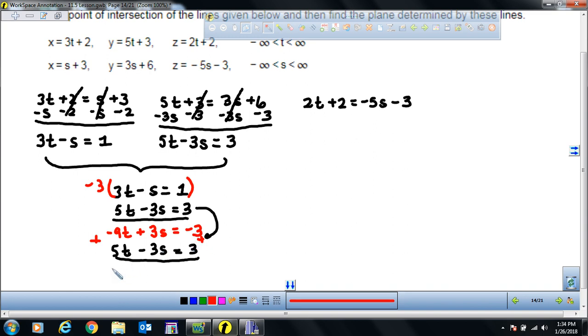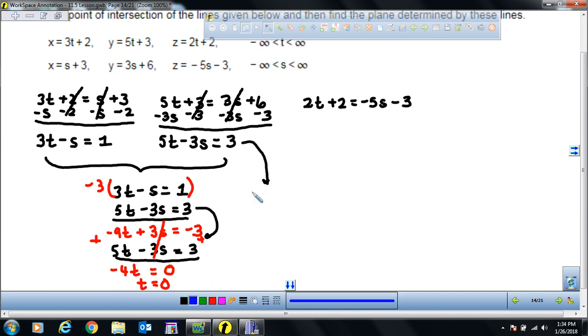So if I add them, we're going to end up with negative 4t, the s terms cancel out, equals 0. So t is equal to 0. If I want to find the value of s, I can just replace t equals 0 into any of the equations, either the first, the second, or the third one right here, whichever. So I'm going to use, let's say, this one right here.